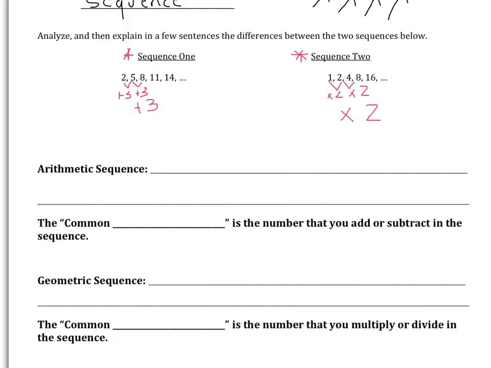So before we get into how you would solve these sequences and how you would find out what is happening between them, I want to talk about the difference between the two different types of sequences. So we have two different types of sequence.